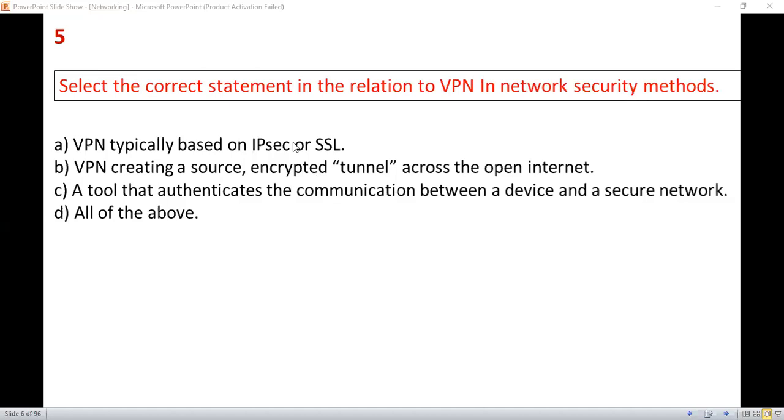When you use the internet, your location is invisible to everyone, and a VPN connection is also secure against external attacks. So the answer will be all of the above, because all of these options are justified for the VPN network.